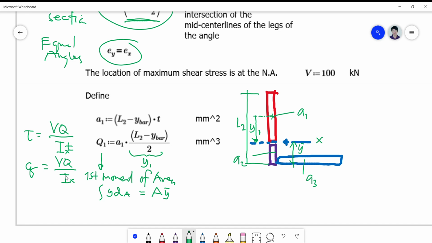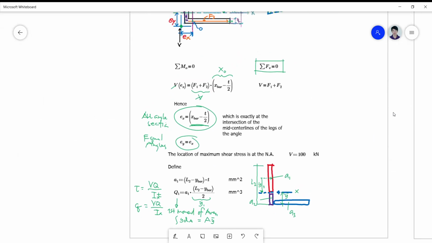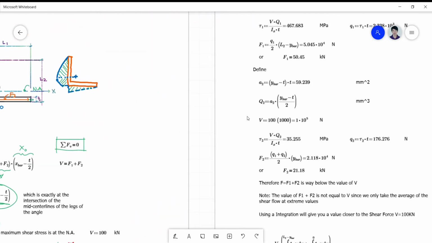And so is true with your A2. We have to define an A2 and a Q2 in order to get the shear stress and the shear flow values, which is actually computed here on the last slide I have.